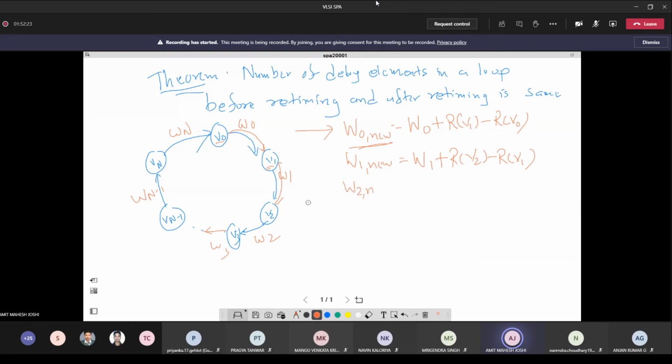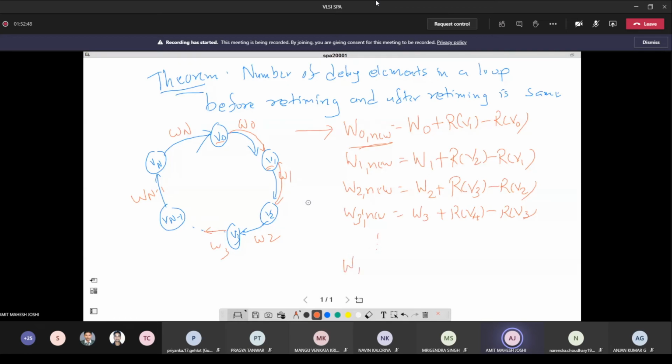W2 new will be W2 plus R of V3 minus R of V2. W3 new will be W3 plus R of V4 minus R of V3.